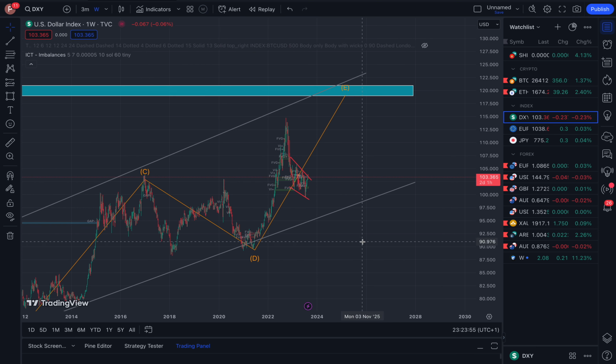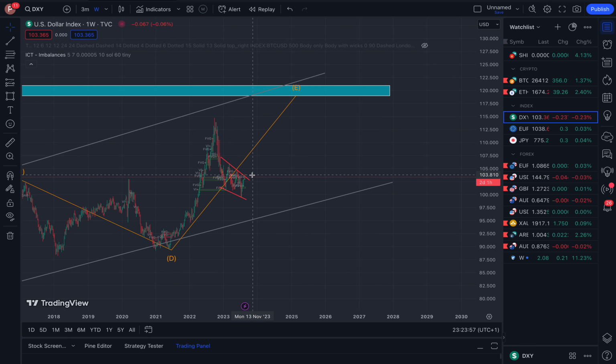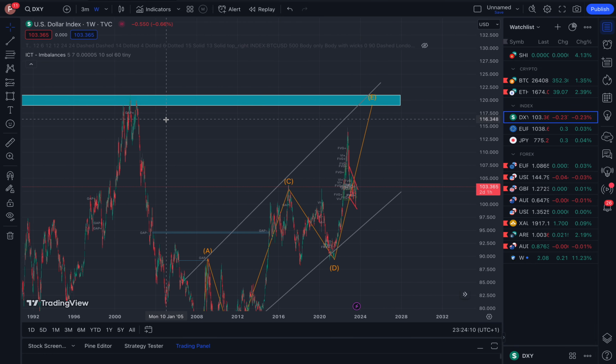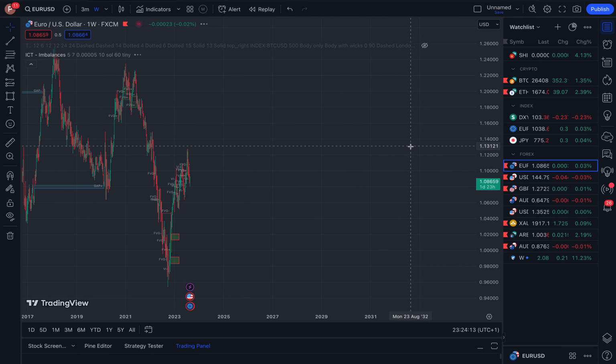And although this could take a very long time, and perhaps you might sell off in the short run, well, for a month or two, as we see the rise up in Euro USD, I do think the ultimate move will be up to about here, which would obviously cause Euro to fall.